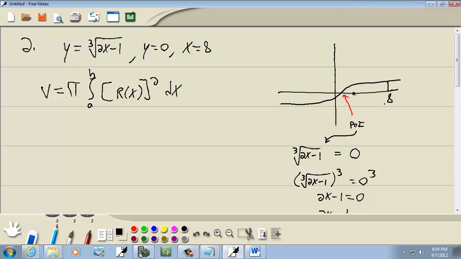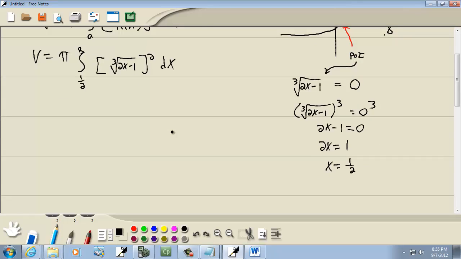And for a very simple problem like this, we don't have to worry about 2 graphs, so we're just dealing with 1 because it bounds the x-axis here. So we'll have pi, and then a to b, so we got 1/2 to 8. And I'm going to take the r of x, which is my cube root of 2x minus 1, and square it, and then dx.